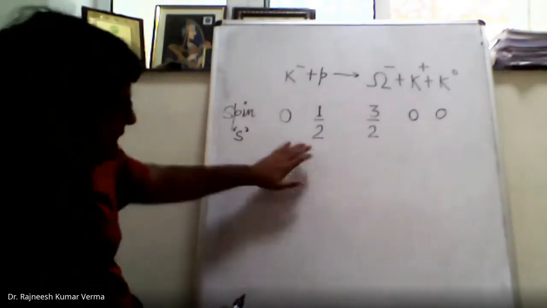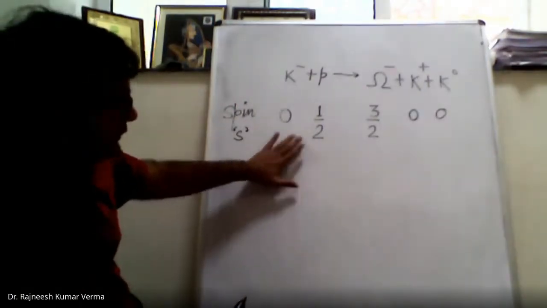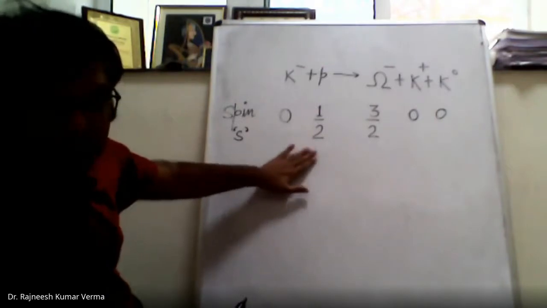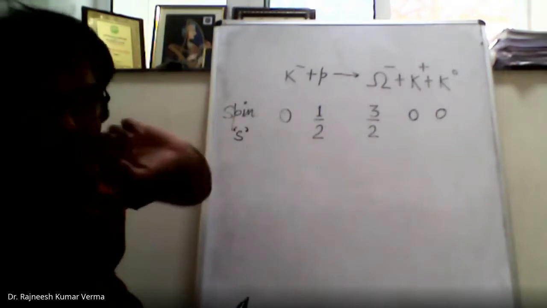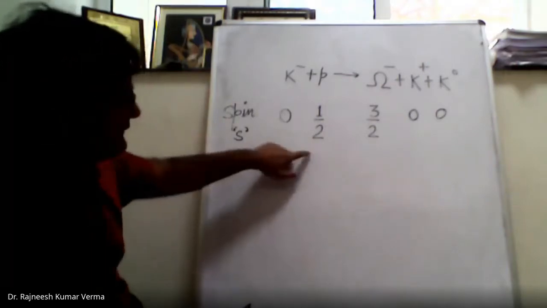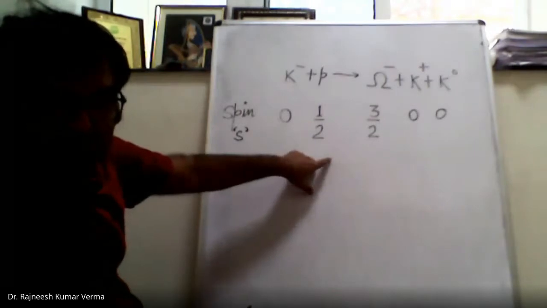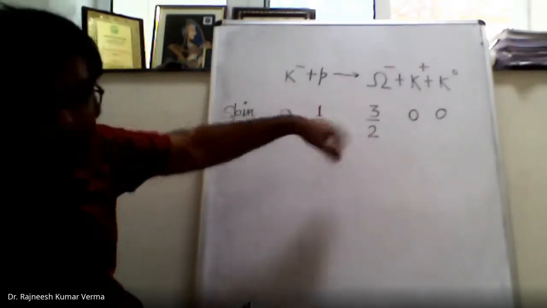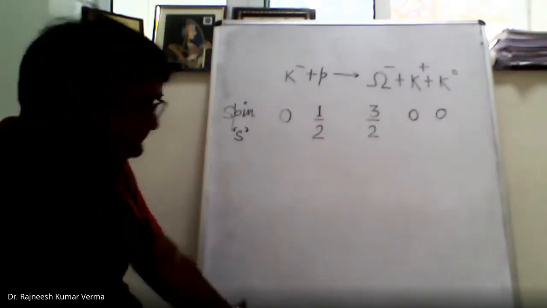So you can see here, on the left hand side I have 0 and 1/2, and on the right hand side I have 3/2, 0, 0. Therefore, in order to conserve the angular momentum, the outgoing particles must have 1 unit of orbital angular momentum.